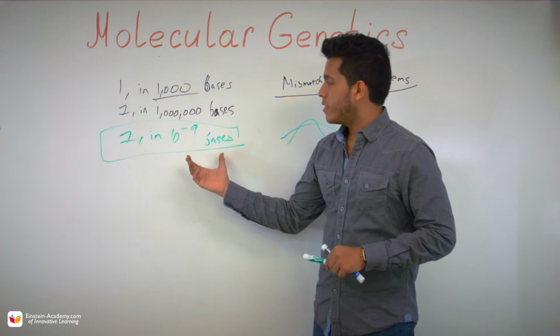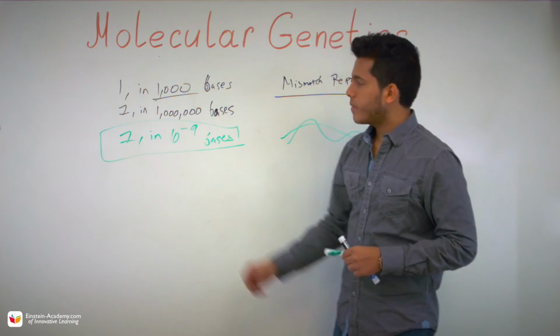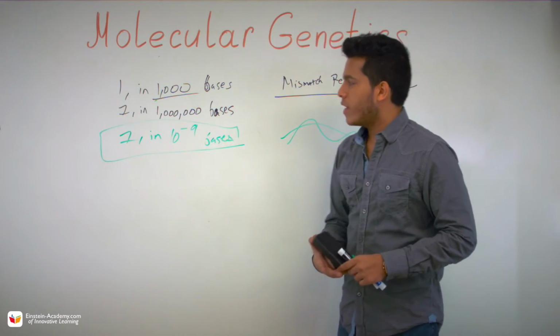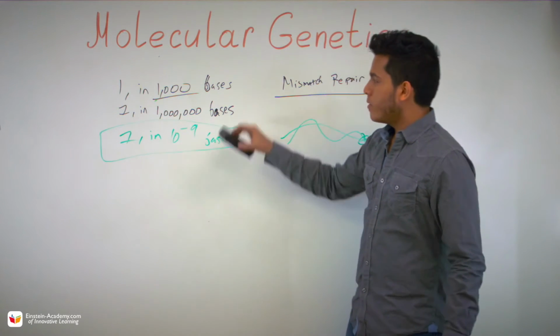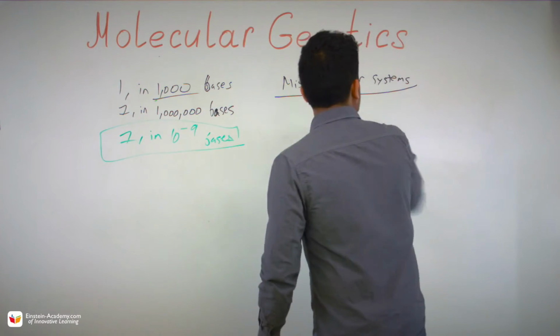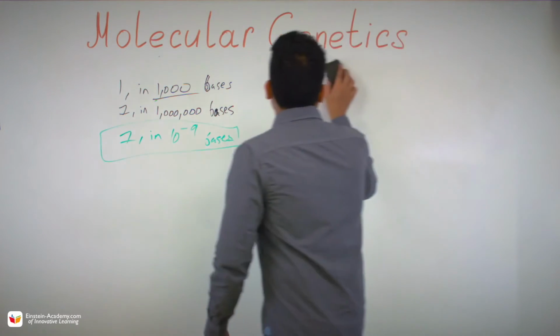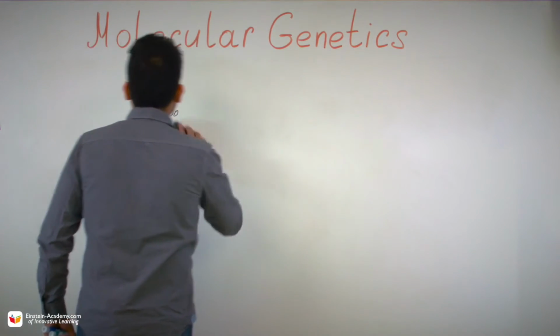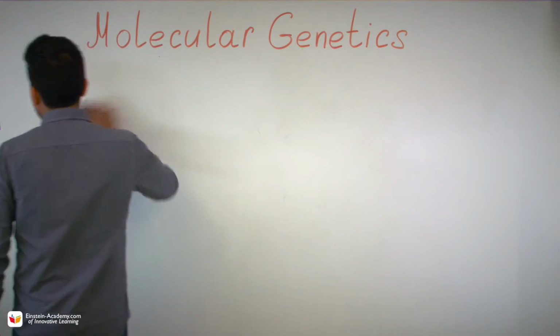The error rate is very low, and now we can feel happy. This is not going to cause cancer, but this mutation rate will. So we've talked about the mismatch repair systems, the errors, efficiency, and speed.